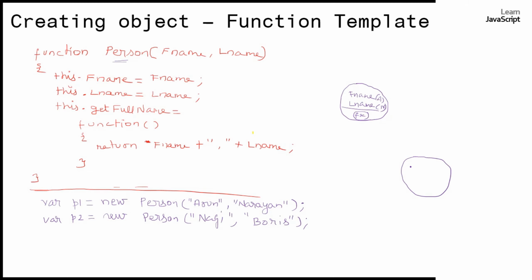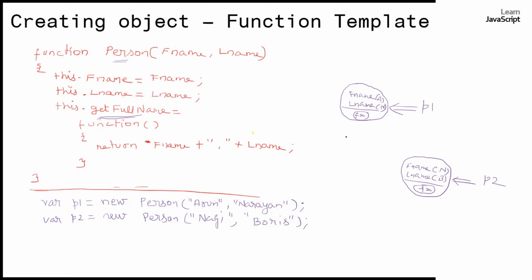Similarly, this will be the second object, F name, and the name will be Nagi, and last name will have that Boris. Then this will also support the function members. The function member here is get full name. So that's the function member. Alright, now this object is now referenced by the variable p1, and this one will be referenced by the variable p2. So we can create object like this also.